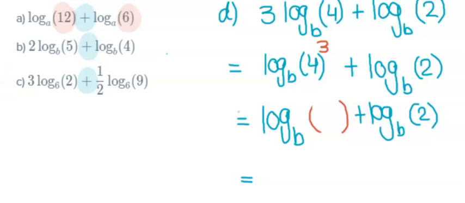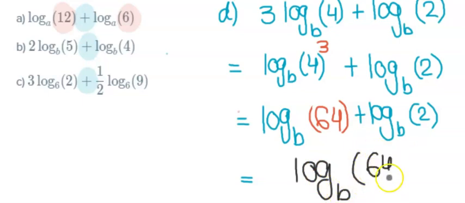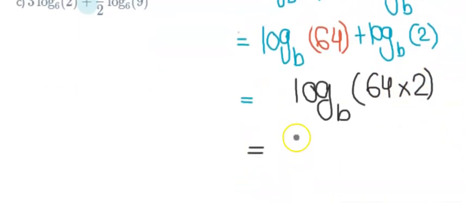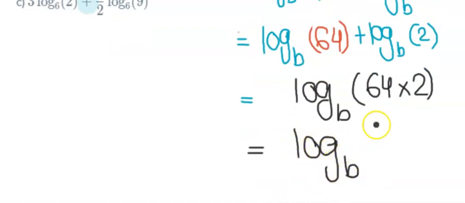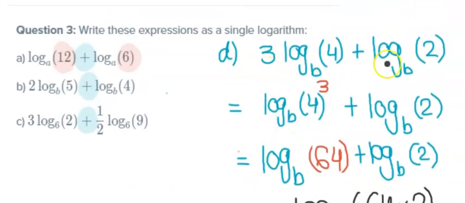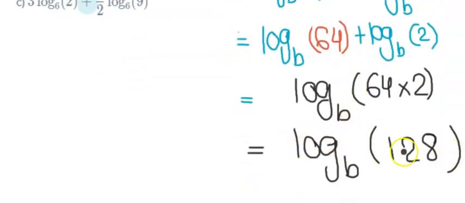But you have to do 4 times 4 times 4. Yeah, thank you, 64. So both logs are adding, so you just multiply them together. 64 times 2 is 128. That is the answer. So we have converted the question into a single log.